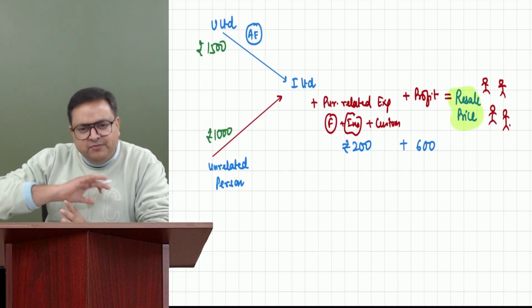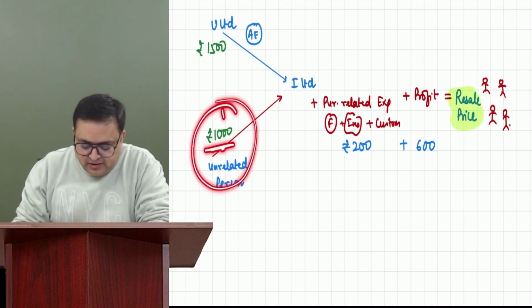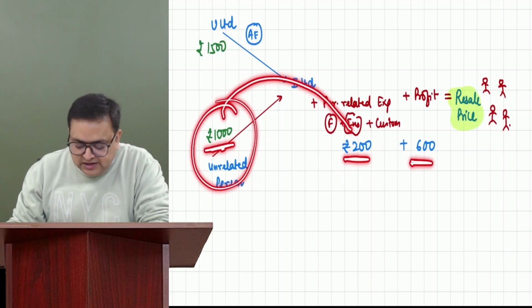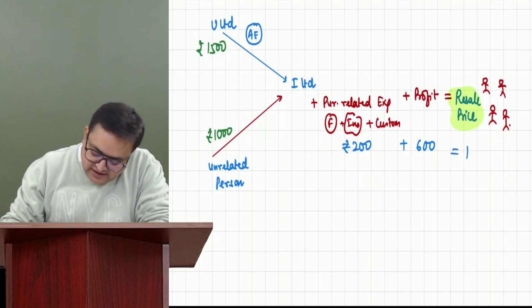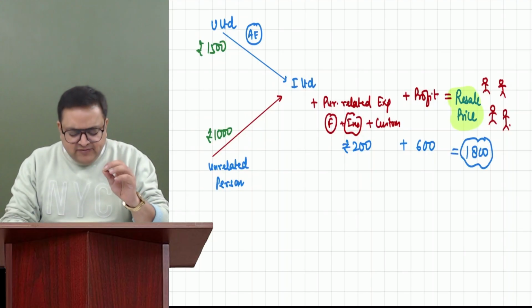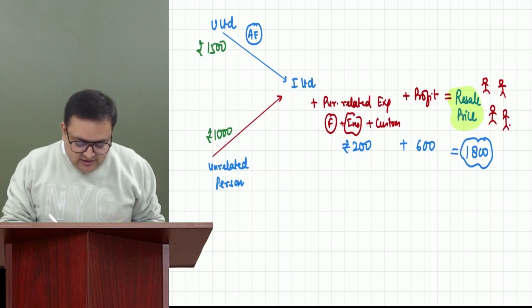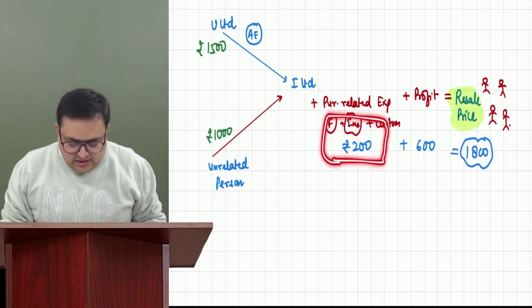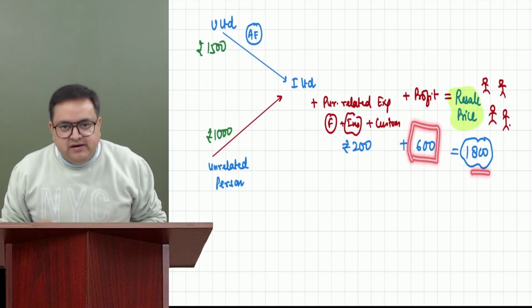So when you purchase from an unrelated party, you purchase it for 1,000, you incur 200 rupees as your other expenses, and you charge 600 rupees as the profit, and you sell it for 1,800 rupees. So this is the resale price.